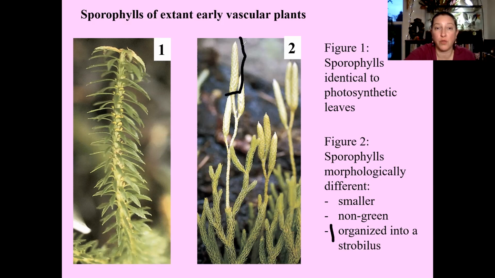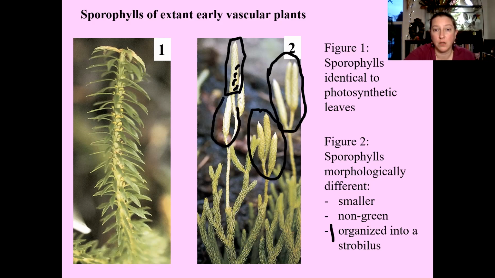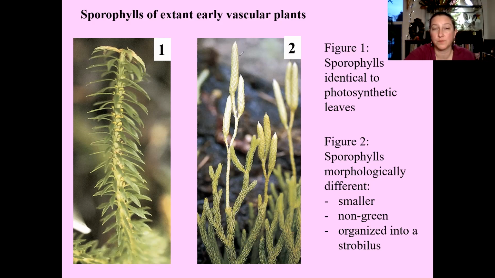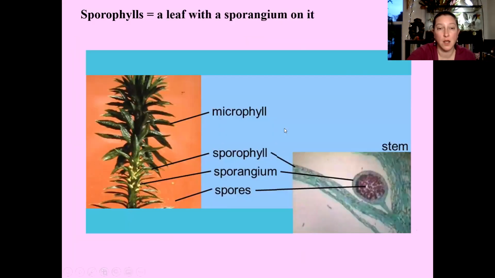So this whole thing is a strobolus, and each of these little things on it are the sporophylls, right? Here are 3 strobili. Here are 3 more strobili. Here is 1 strobolus, just to start working with those new terms.